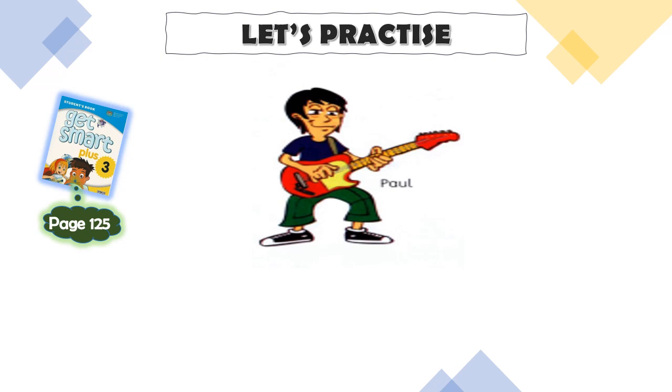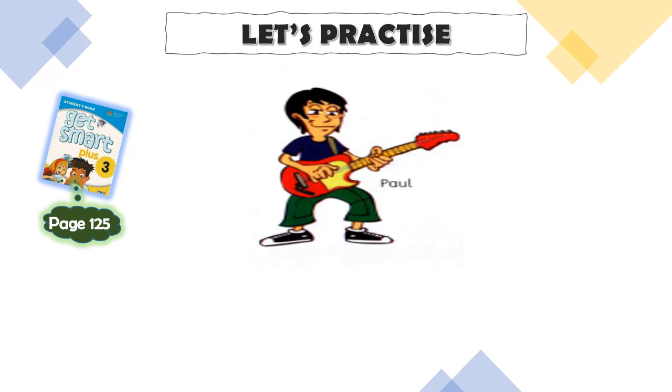Look at this picture. Paul. Paul is a boy, and we use he or she? He. So for singular subject, do we have to use is or are to ask questions? We use is and he.